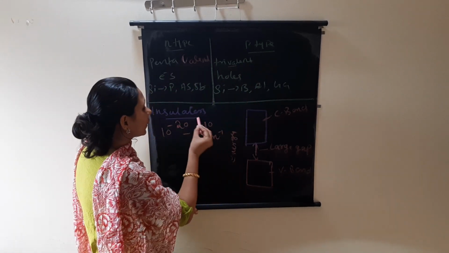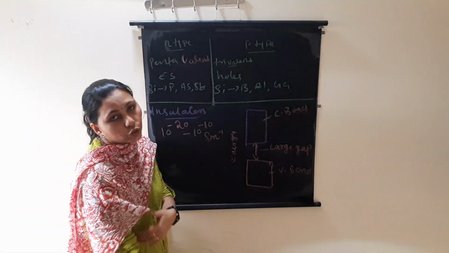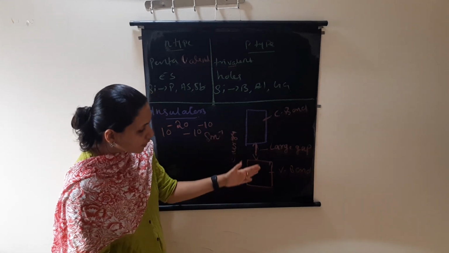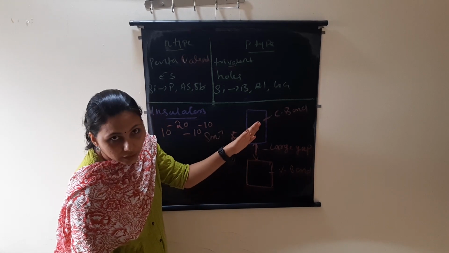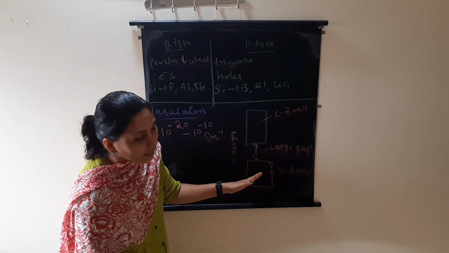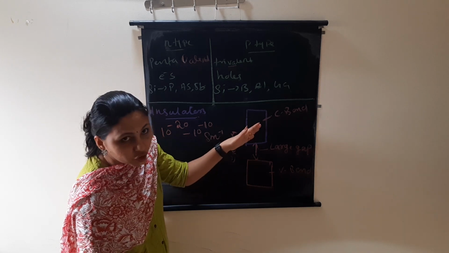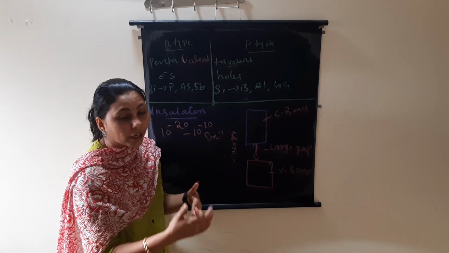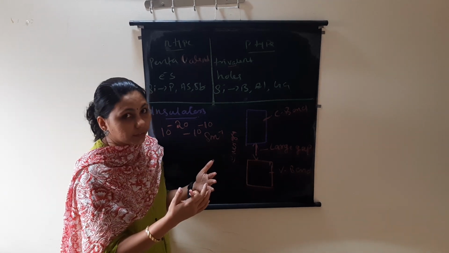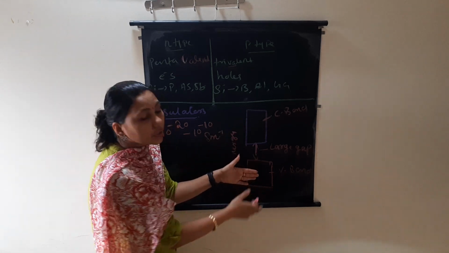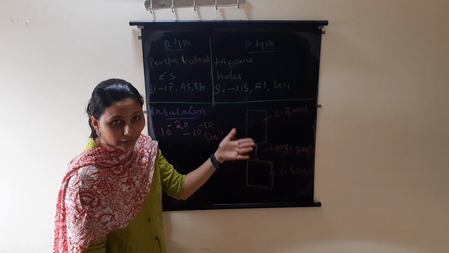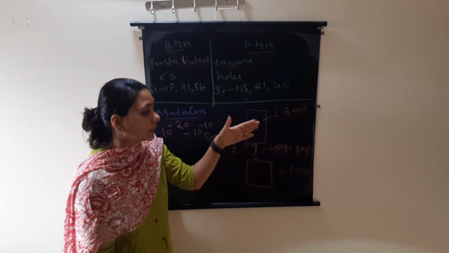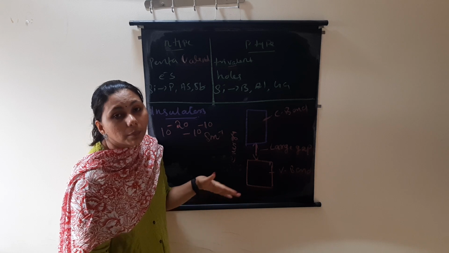Okay, the last one is conductivity in insulators based on band theory. Very easy. From this diagram, this is the conduction band and this is the valence band, and the energy gap between them is very high compared to semiconductors. So it is very difficult for electrons to move from the valence band to the conduction band, and that is why insulators are very bad conductors.